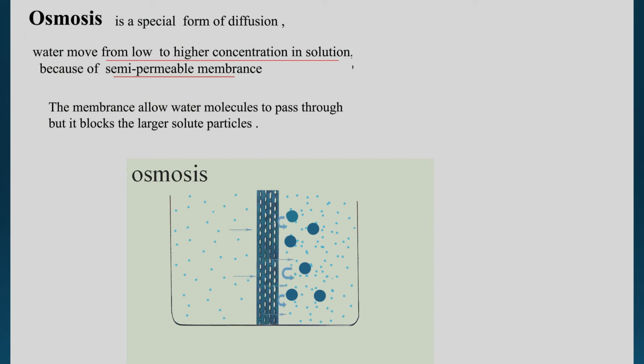And now you can see the big particle cannot pass through to the other side, but the water will follow onto the glucose particle. And so this makes this funny effect of water moving from low to higher concentration because of these semi-permeable membranes. Thank you.